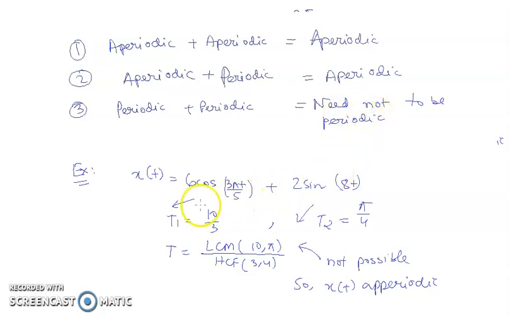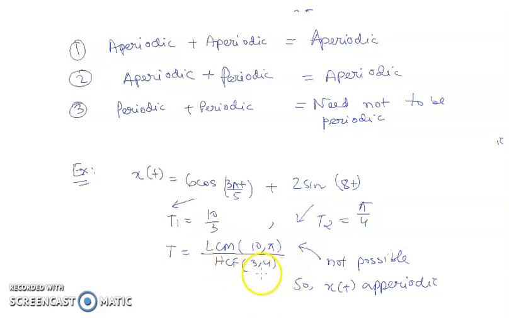Here is an example: 6 cos(3π/5 t) + 2 sin(8t). If we find T1 as 2π by 3π/5, then we get 10/3. T2 is equal to 2π by 8, that is π/4. So the resultant T is the LCM of these two, nothing but LCM of the numerators 10 and π, and HCF of the denominators 3 and 4.